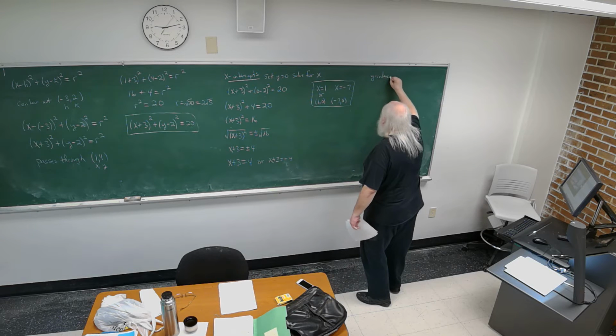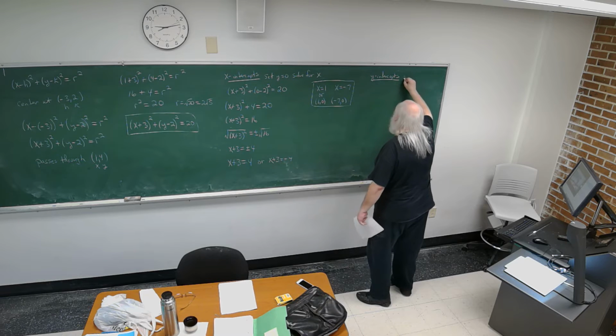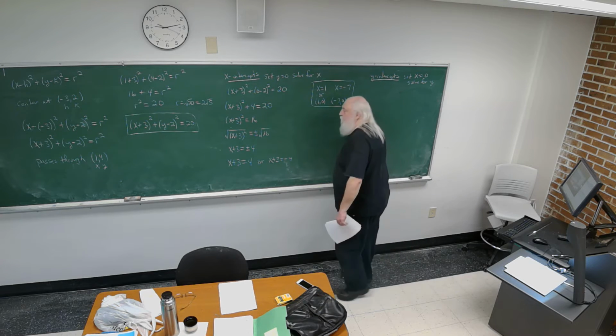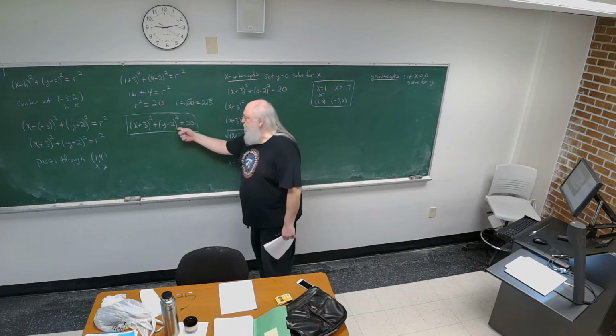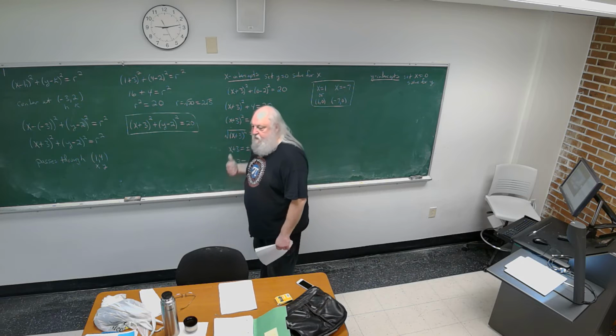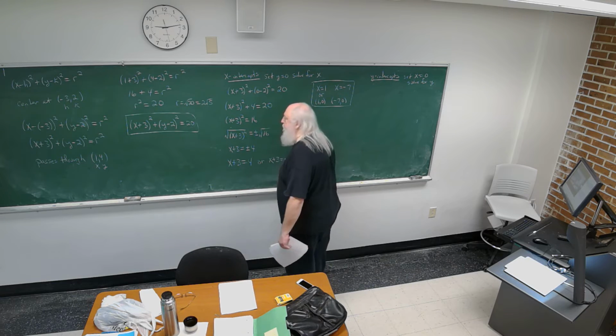Okay, all right. So the y-intercepts, where the circle crosses or touches the y-axis, we set x equal to 0 and solve for y. So we go back to our equation in standard form and put 0 for x and then solve for y. Same technique.